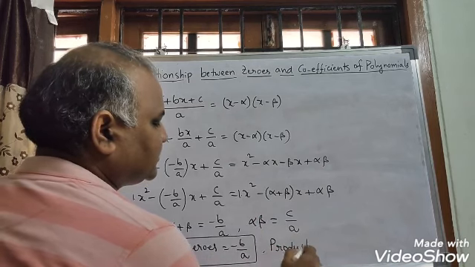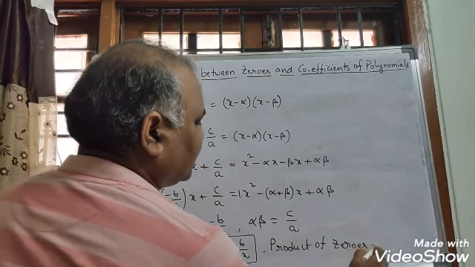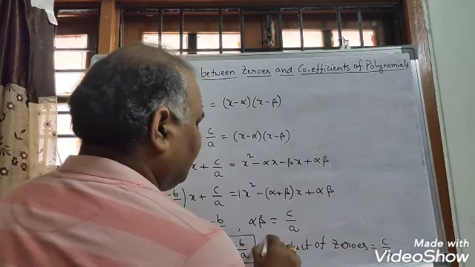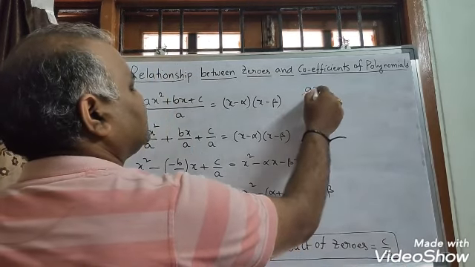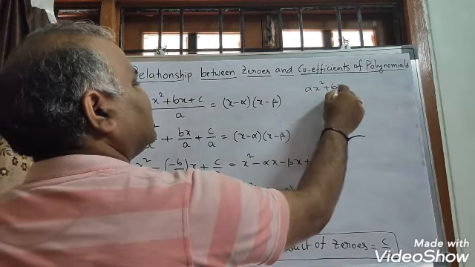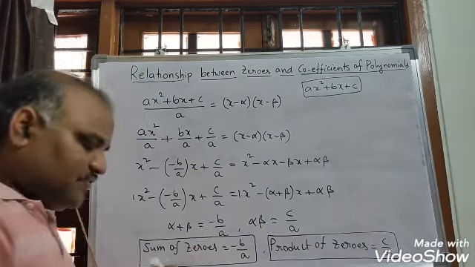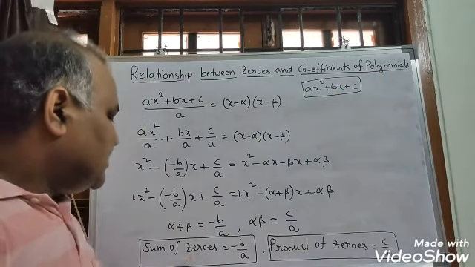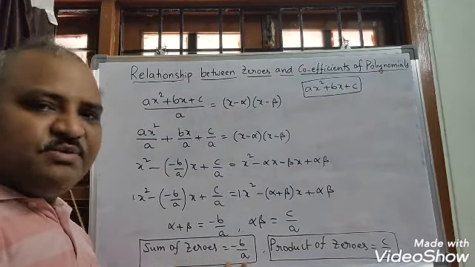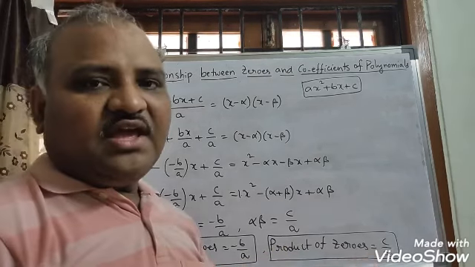That means the product of zeros is equal to c by a for a general quadratic polynomial in the form of ax square plus bx plus c. So for a general quadratic polynomial ax square plus bx plus c, the formula for sum of zeros is minus b by a, and the formula for product of zeros is c by a.